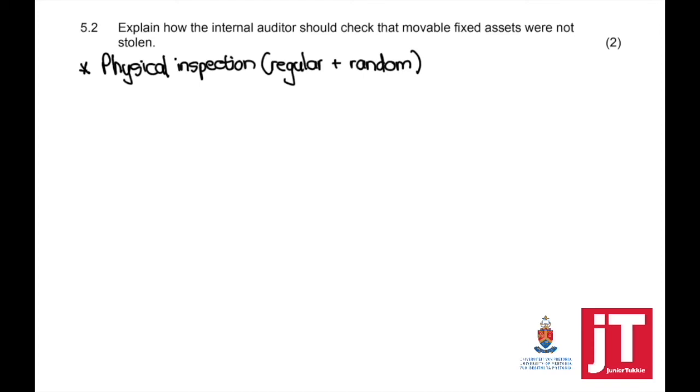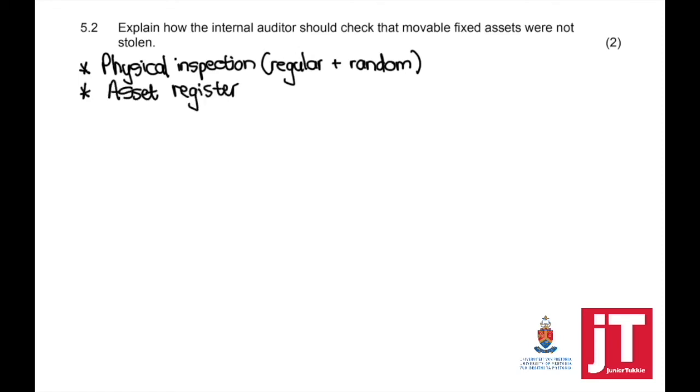When we do a physical stock count, we compare it with the trading stock account when we're using a perpetual or continuous inventory system, so that we can see if there's any deficits or if there's a trading stock surplus. The same we can do with our fixed assets. We need to do a physical inspection randomly and on a regular basis.